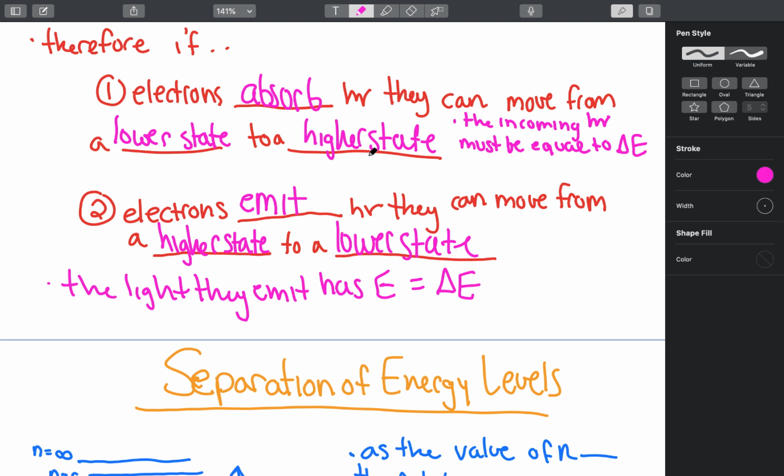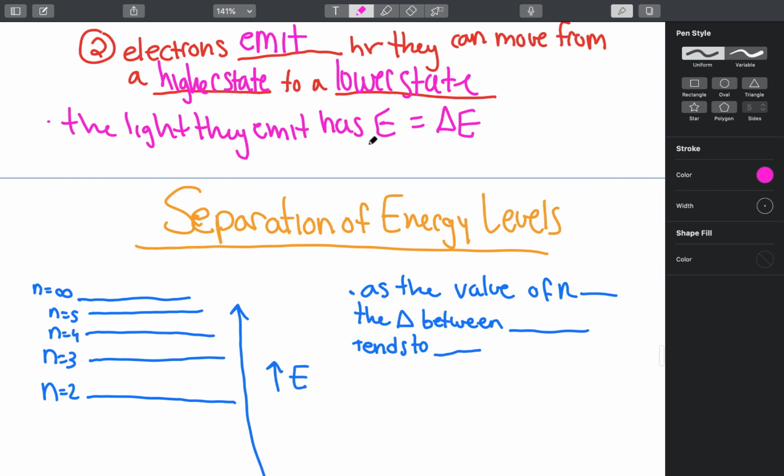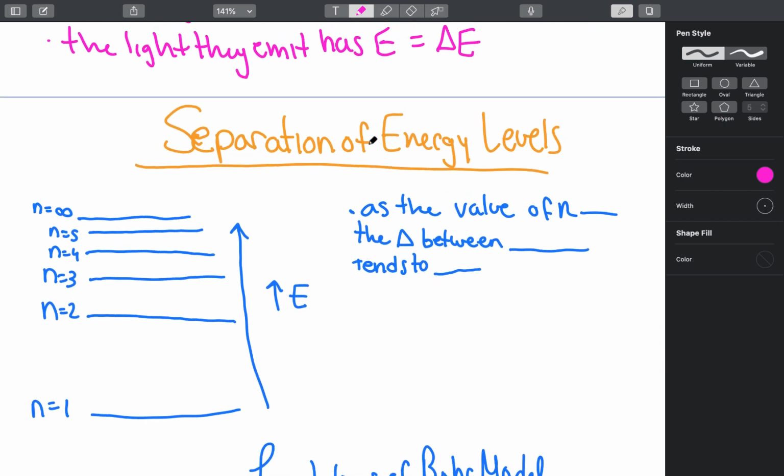So one of the last little topics I have here is an important thing to know. This important thing to know is the separation of energy levels. It's important to note that as the value of n increases, the difference between the values of energy tends to decrease. So what does this mean? Let's say we have the energy difference between n equals 1 and n equals 2. We can measure it like so.